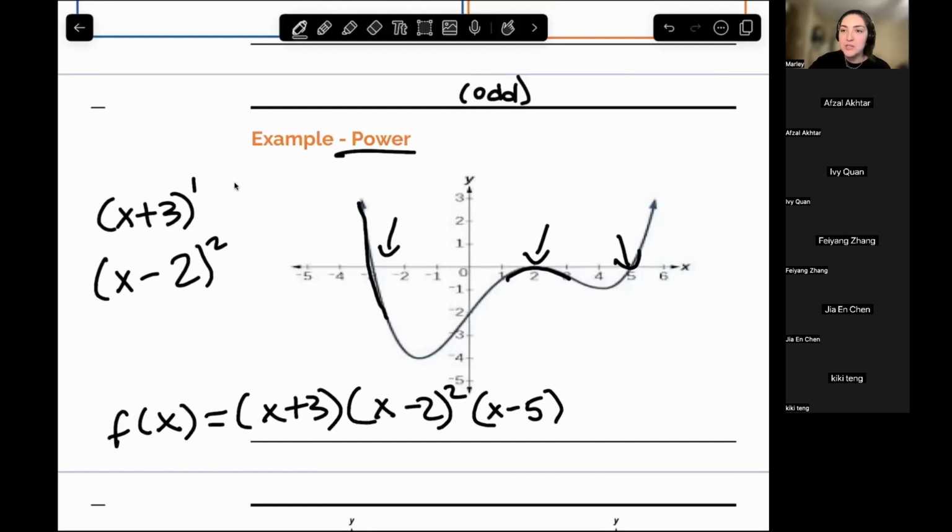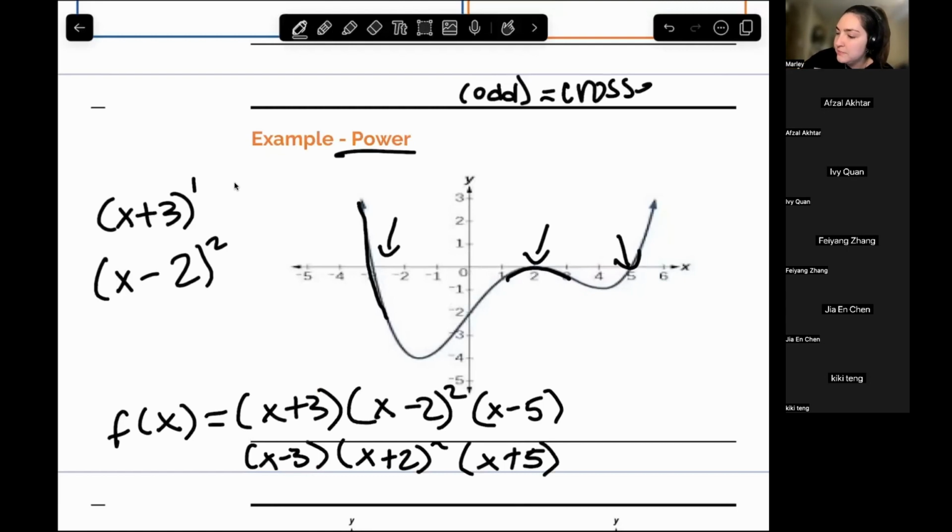But yeah, so they would just have a bunch of answer choices. One of them would probably have x minus 3. It would be flipped because they love to do this to try and trick everyone. You know if it's odd or even power by the behavior of the line. So if the graph goes through the axis, it's odd, it crosses. It's an even power if it bounces back into the same quadrant.